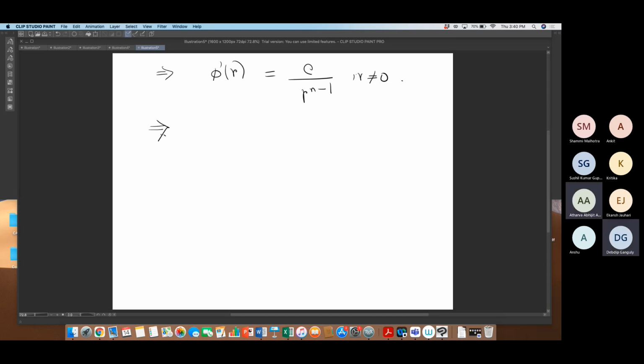Yes or no? Yes. Okay. Then what will be phi of r? Please tell me. What will be phi of r? For n equal to 2, it will be c times log r plus d.